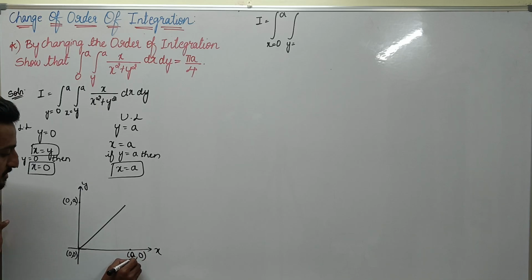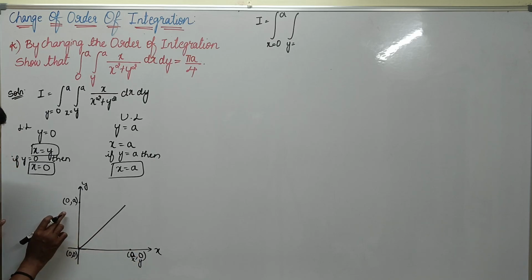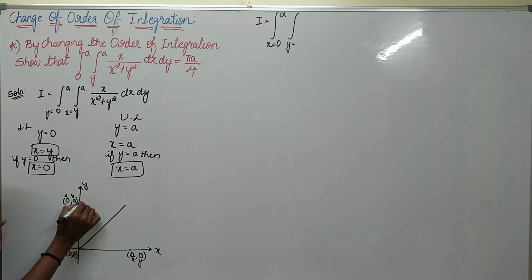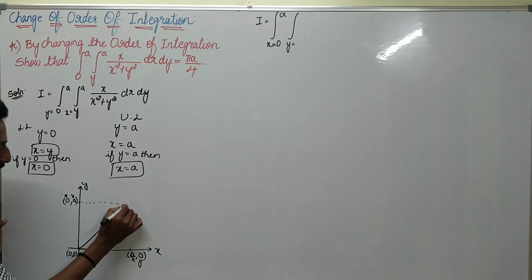These are the limit points, because the limit point of x is a and y is 0. But here also, x is 0, but the limit point of y is a. Just draw an intersection point and draw a line for this.